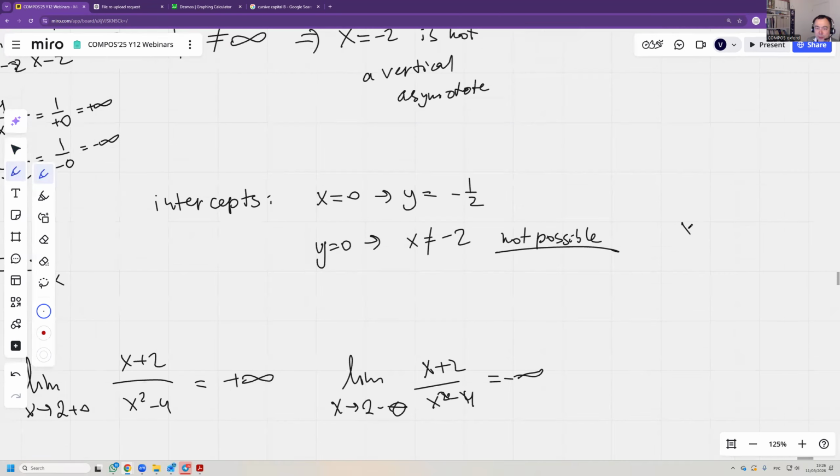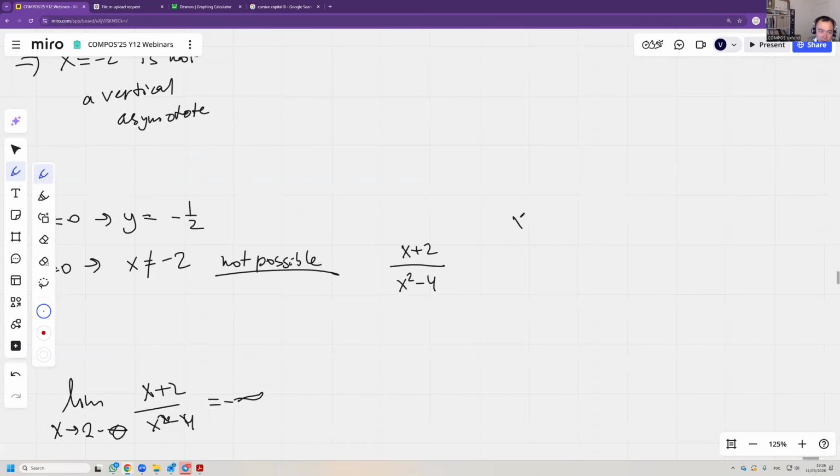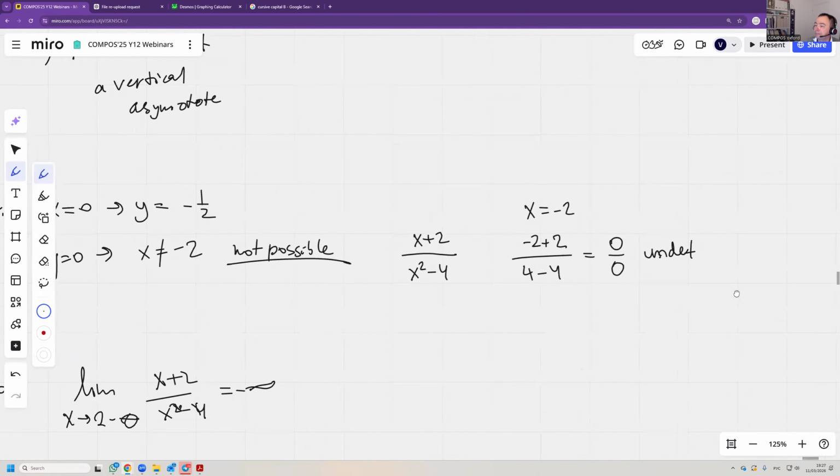Because if you substitute x equals negative 2 into (x plus 2) divided by (x squared minus 4), you get (-2 plus 2) divided by (4 minus 4), which is 0 divided by 0, so that's undefined. It's definitely not 0.